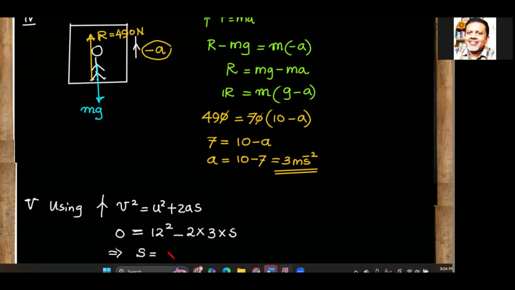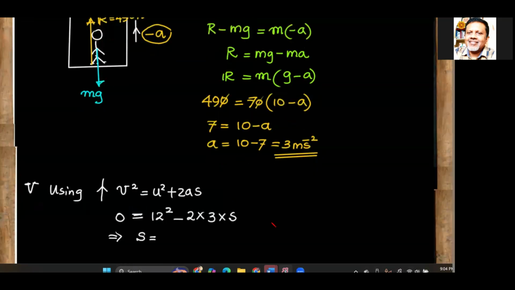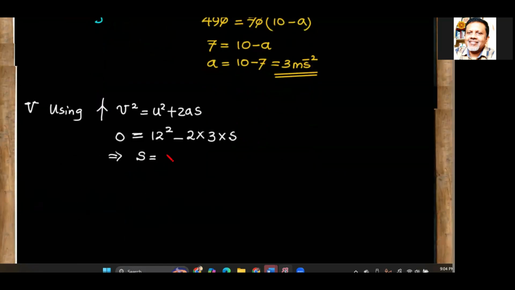s should be equal to 12 squared, that is 145, right? Sorry, 144, divided by 6, right? 2 times 3, 6. So 144 divided by 6, easily we can divide and get 24. 24 meters.